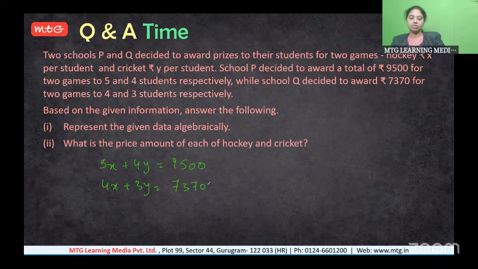Each prize cost, I'm sure, because 5 hockey prizes and 4 cricket prizes make 9500, each value can never be that much. Now it's making sense. I think that should be the values.